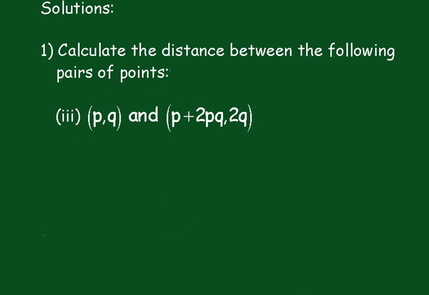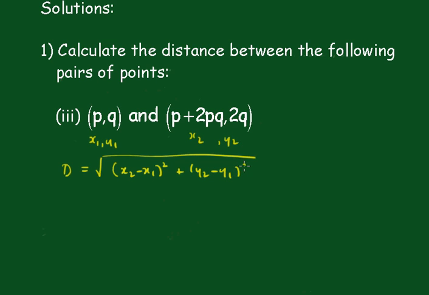Okay, here comes an algebraic one. Here's our x1, y1, and our x2, y2. Doing it this way, you're just avoiding making an error when you're reading it. So that's x2 minus x1 all squared plus y2 minus y1 all squared.